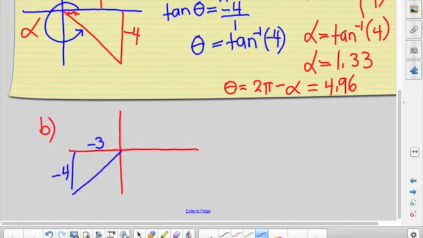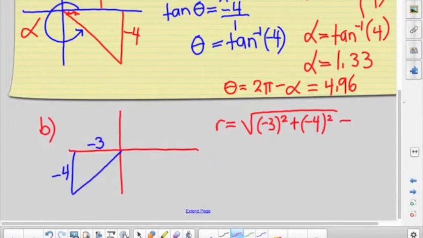The first thing we have to do is figure out our radius. Your radius is equal to the square root of (-3) squared plus (-4) squared. When you calculate that, that is going to give you a value of 5.